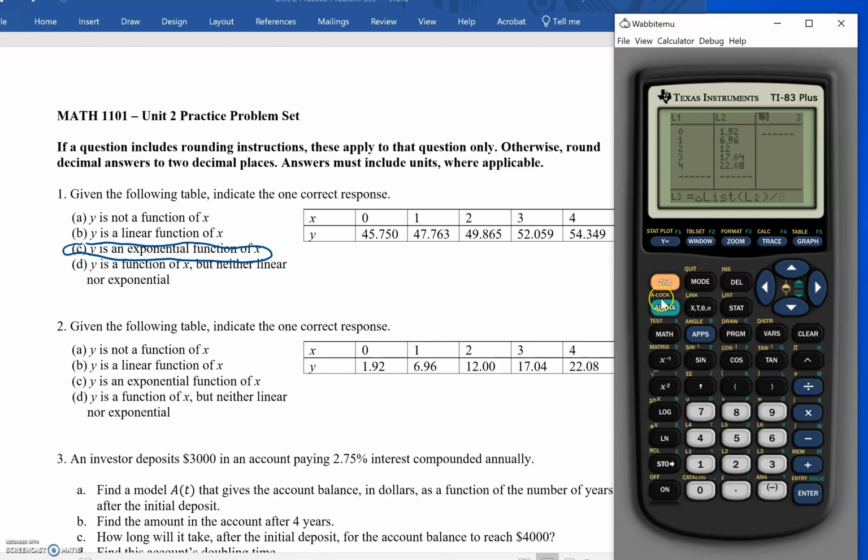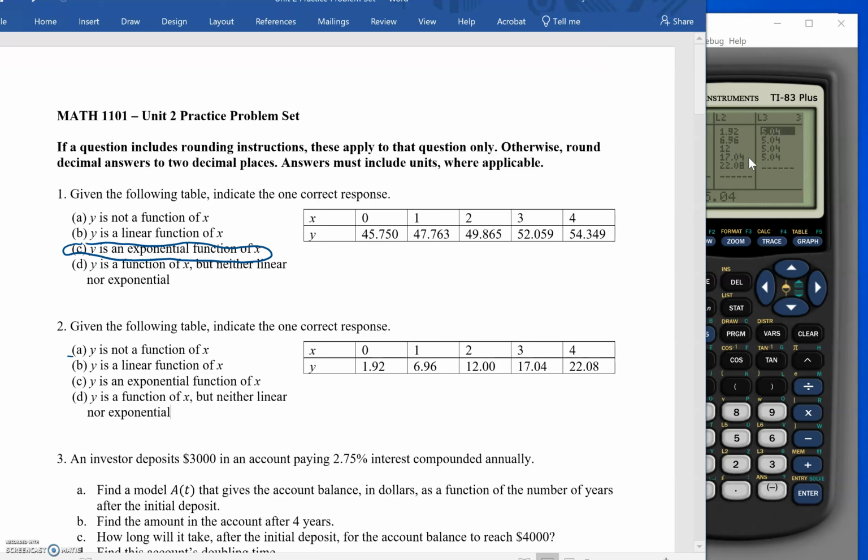So I'm going to do the average rate of change command. And in this case, I see the same average rate of change for each interval. And that tells me that we actually have a linear function.